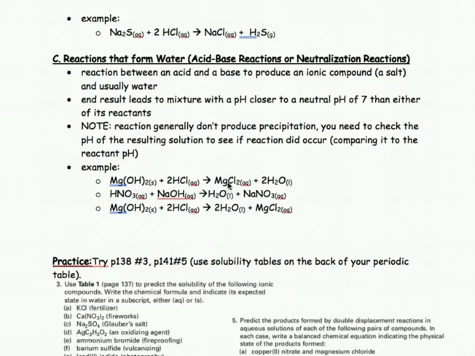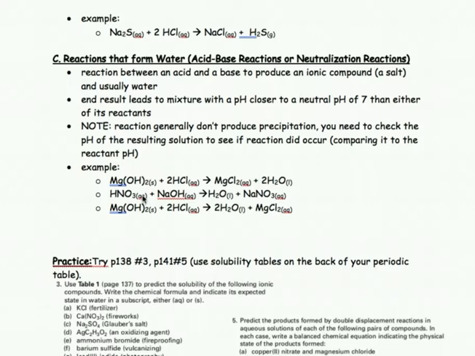The other one is a salt, an ionic compound. This reaction has great applications when there's been a big acid spill somewhere, so they can use a base to neutralize it. Because water is a lot safer than a base or an acid.